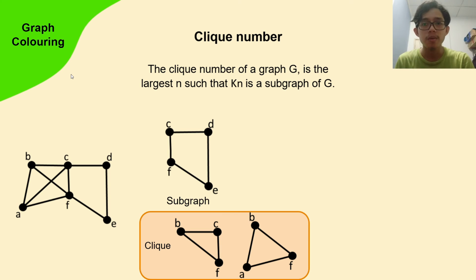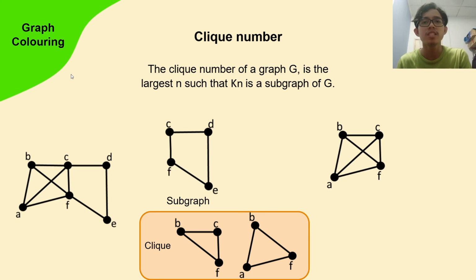For the next step, we need to see if there is any bigger clique or whether the clique can be extended bigger. So in this example, there is one bigger clique. That is, a subgraph consisting of vertices A, B, C, and F. Then we need to find if there is any bigger clique, or maybe if it is possible to be extended.